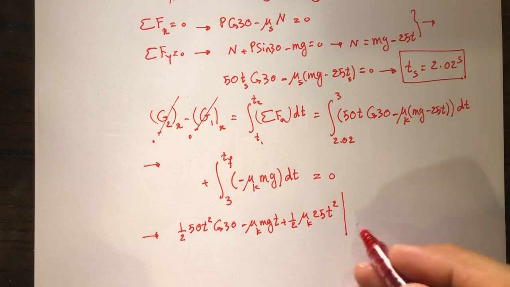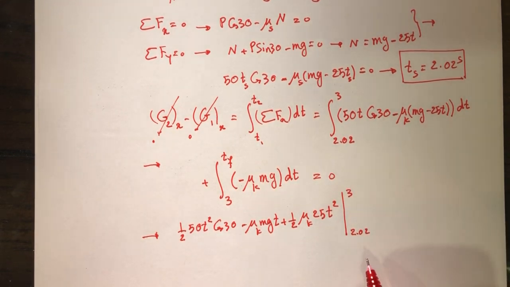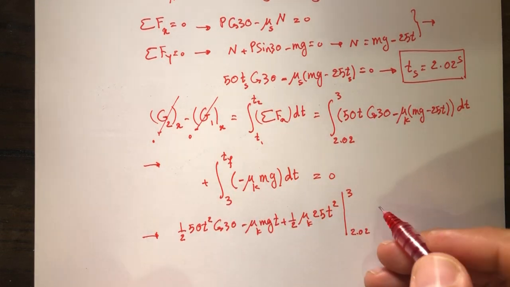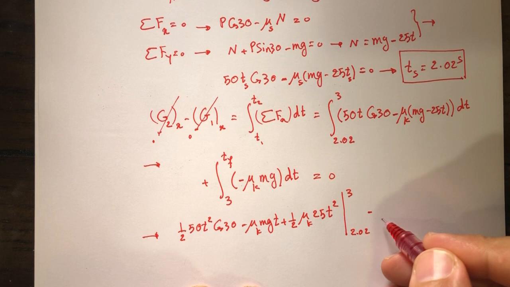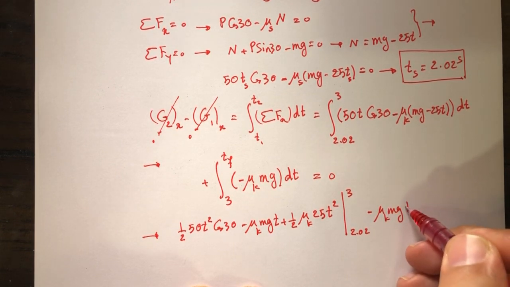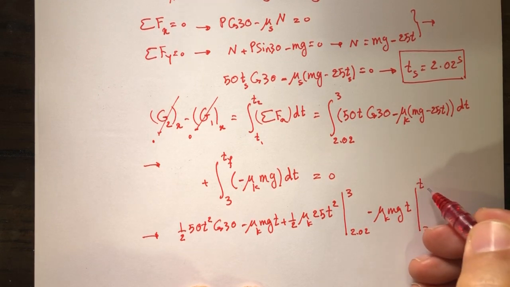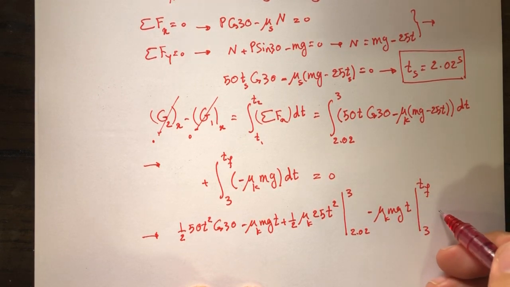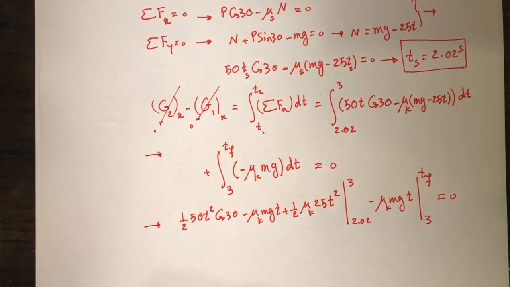Everything from 2.02 to 3, plus this integral, and that integral is going to be simply negative mu k mg times t, where t goes from 3 to the final point, tf, equal to 0. So the rest is easy, right?